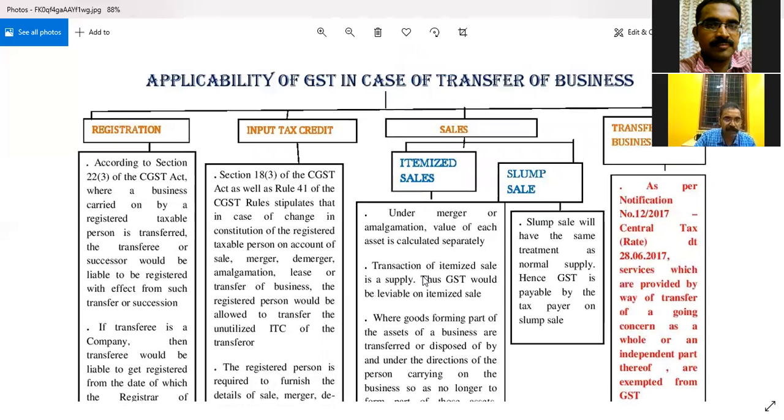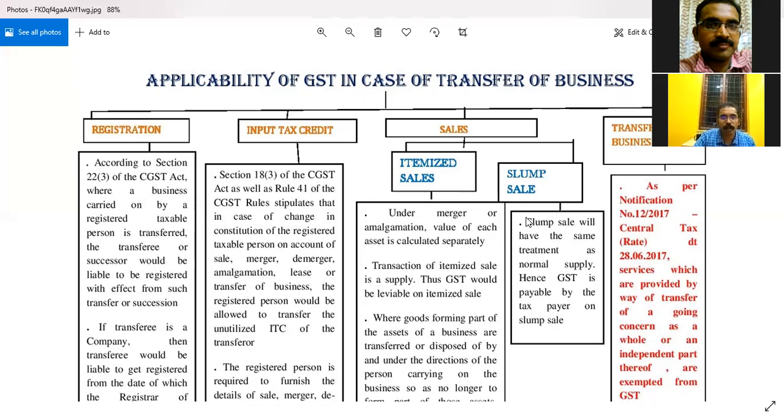Then we'll see in case of slump sale, when a lot of assets are sold altogether. It may be full assets of the organization or partial assets, part of the total assets of the organization, sold altogether, not individually.